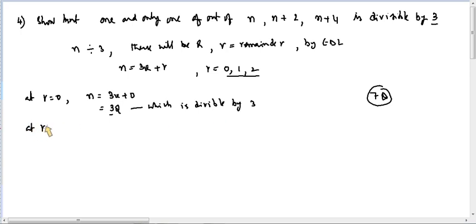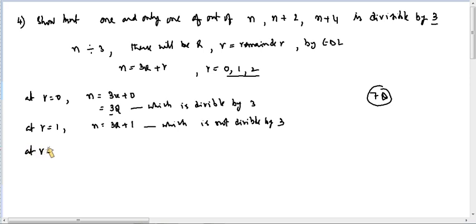Now at r is equal to 1, n is equal to 3q plus 1. In this, 3 cannot be a factor, therefore it is not divisible by 3, because it is not possible to have 3 as a factor.